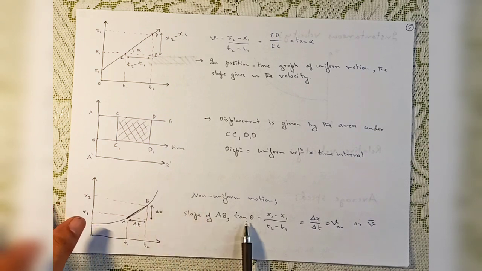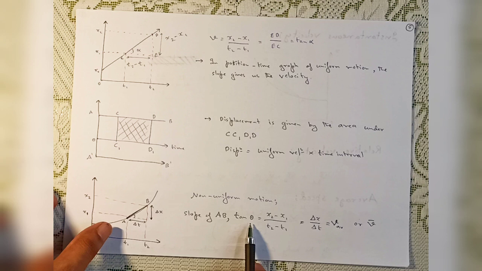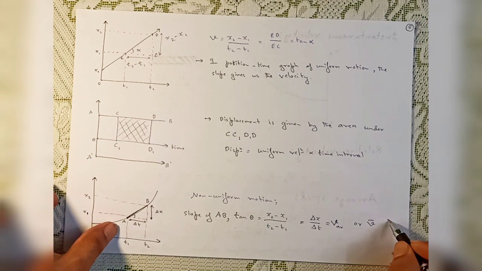So the slope of AB, where theta is somewhere here, tan of angle theta is x2 minus x1 divided by t2 minus t1, which will be your average velocity.